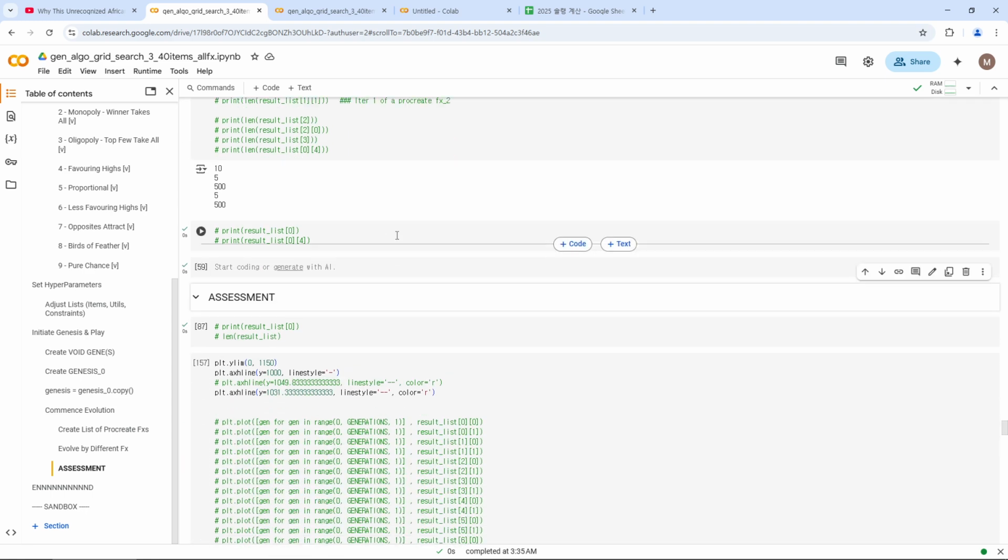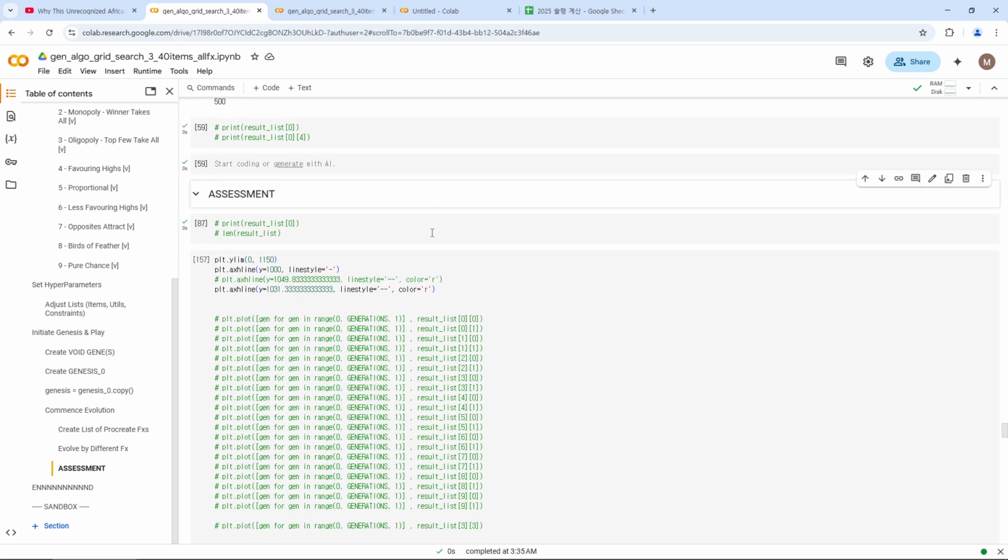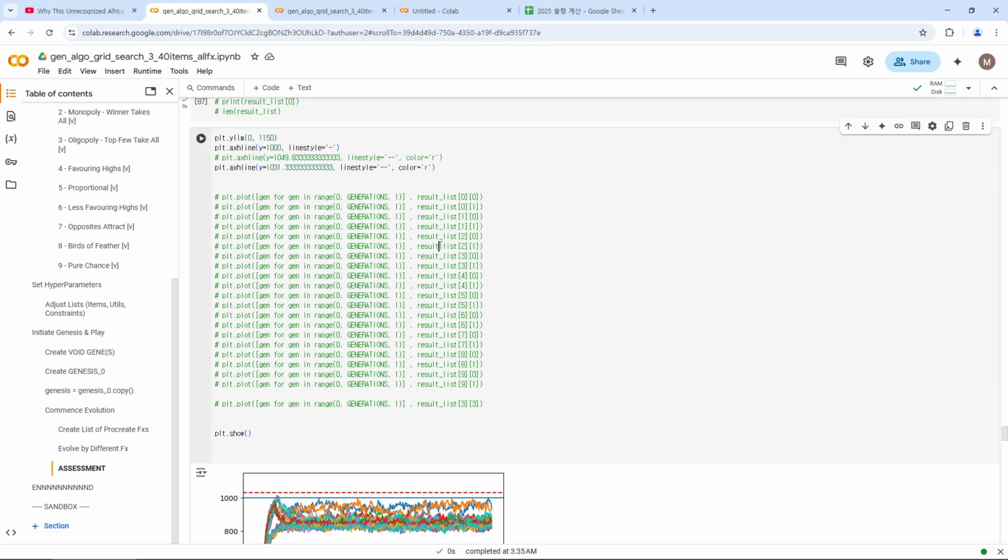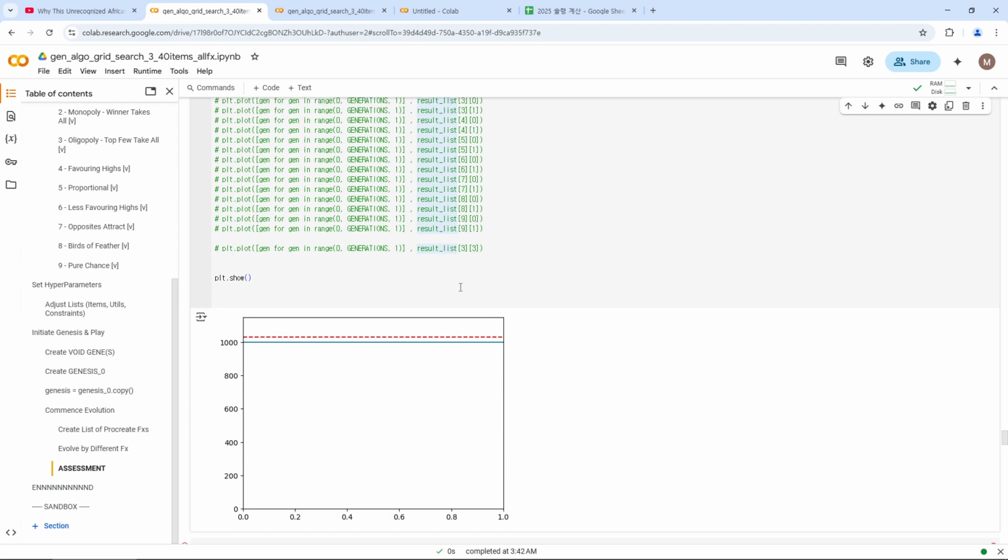And here is an empty plot. Before I show any plots, the red dotted line is for the top value, the highest that the average of top 30 entities has ever been.